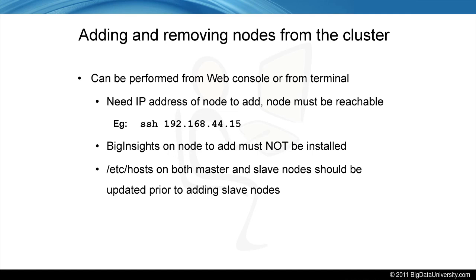You have to do this on each of the machines, so on the master and the slave node that you want to add, and it should contain the master's IP address and host name, as well as the slave node's IP address and host name. And this has to be done prior to adding the slave nodes.